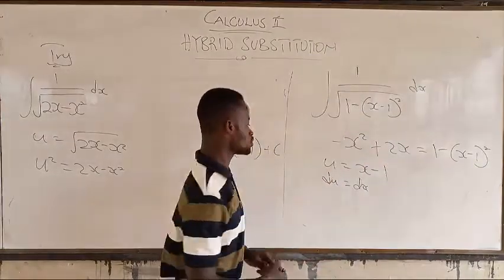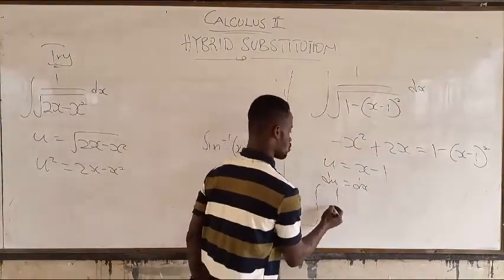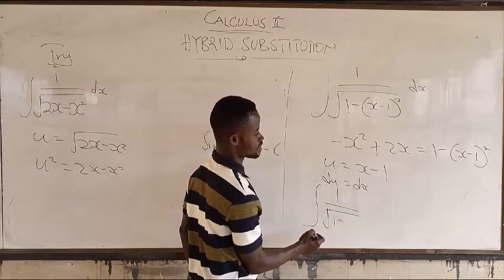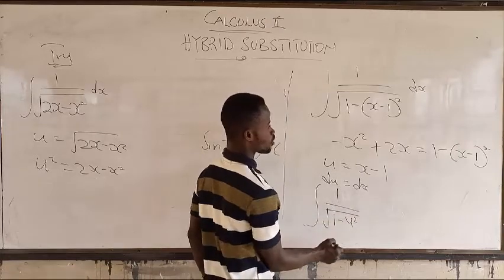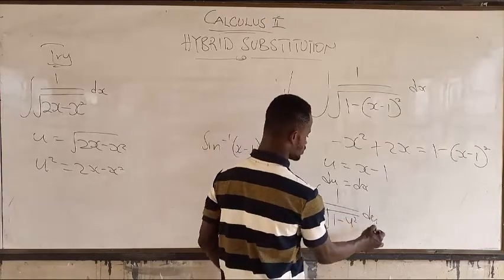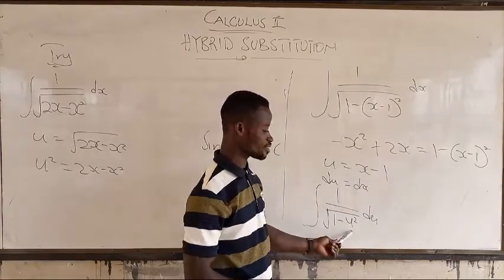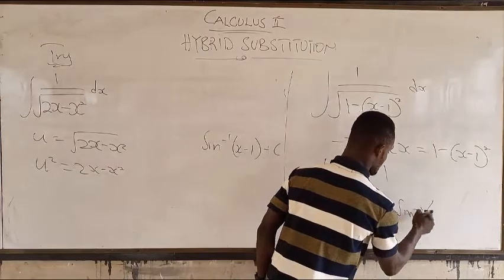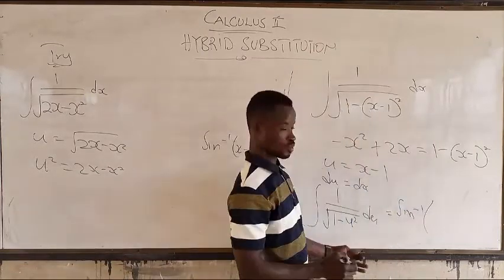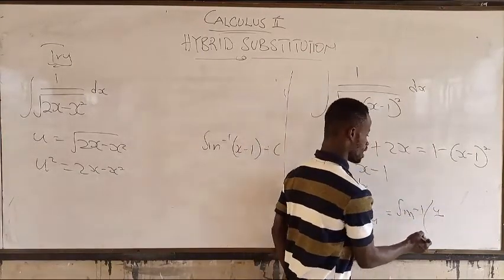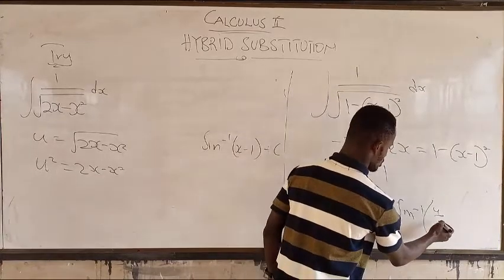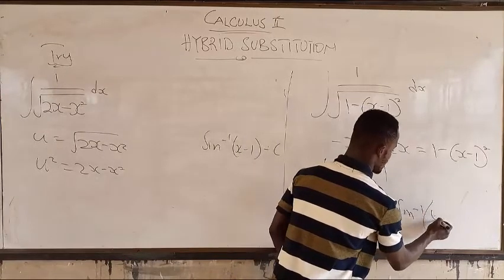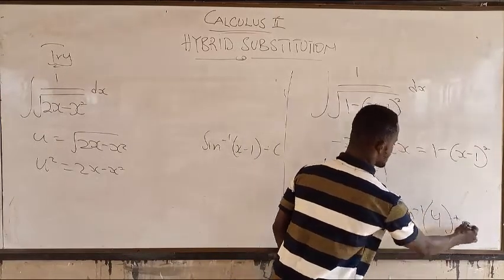And by substitution, you get the integral of 1 over square root of 1 minus u squared du. And this is just sine inverse of u plus c.